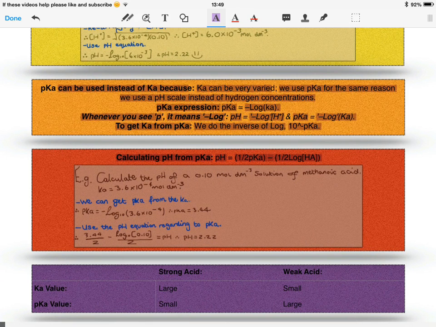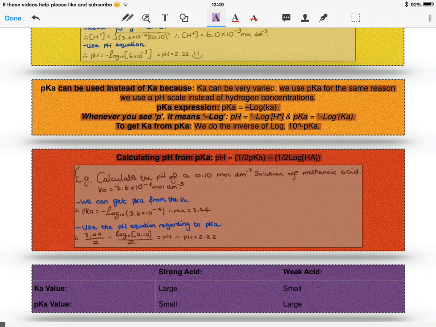What we can do for this is get the pKa value from the Ka. pKa is minus log of 3.6 times 10 to the minus 4, giving us a pKa value of 3.44. If you just plug them into your calculator, you will see how I got that value.